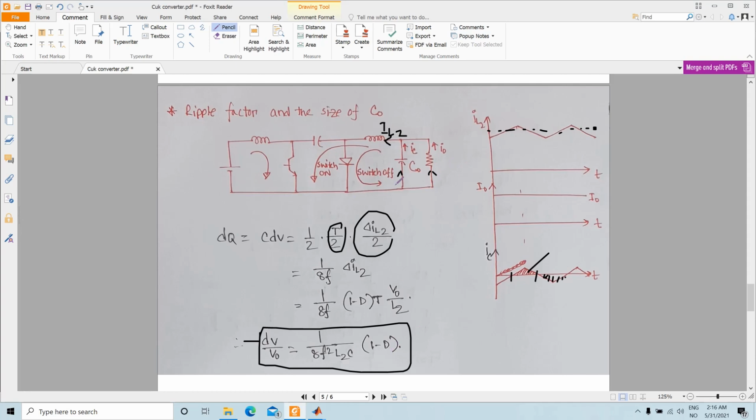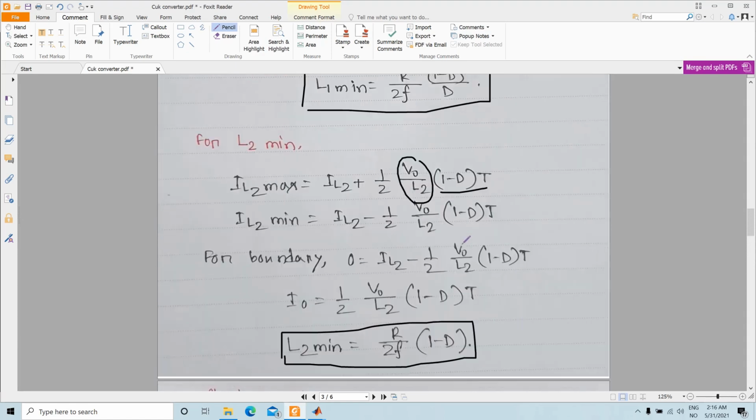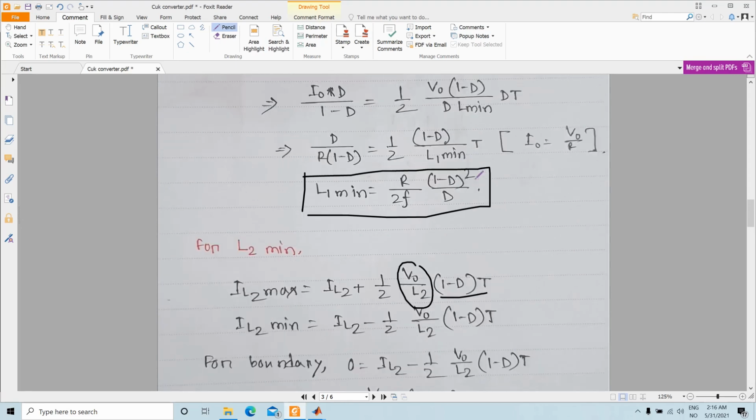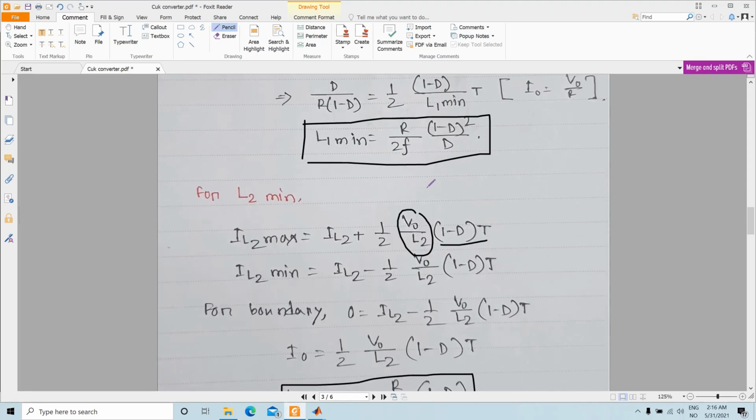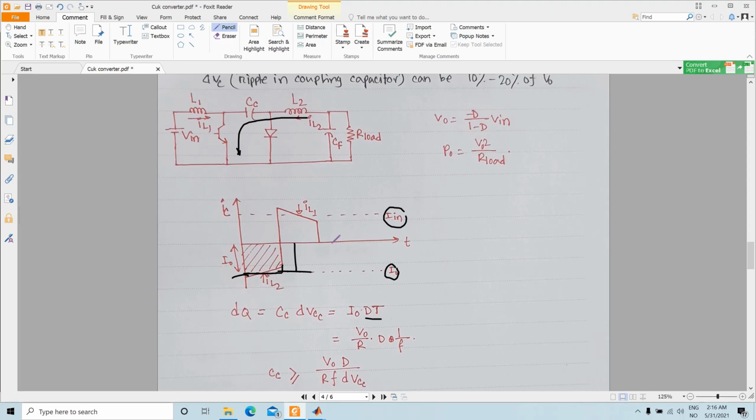Then your next design step is to calculate the value of the L. For continuous current operation, you can calculate the value of the L from these equations. Or if you understand the operation of the circuit, and think a bit closely, you can see that L1 is linked with the input current, or with V in, and L2 is linked with the output current, or with V out.